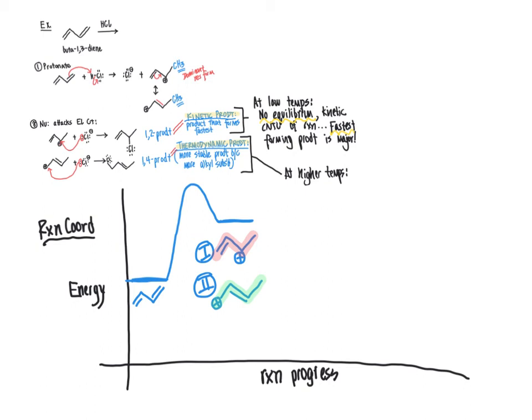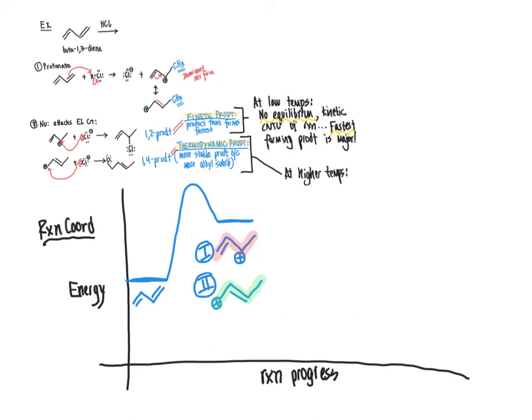So due to the fact that the first resonance structure in pink is more stable than the second one in green, what's going to happen is that this first more stable resonance structure is going to have a lower transition state energy to get out of this intermediate stage and onto the product.